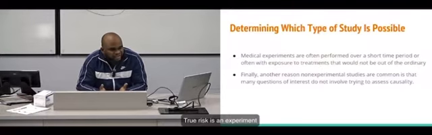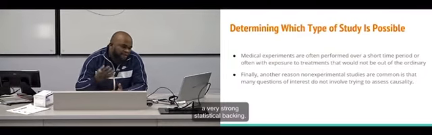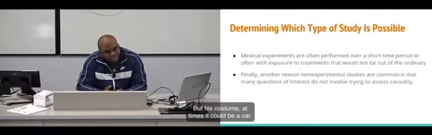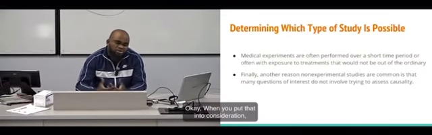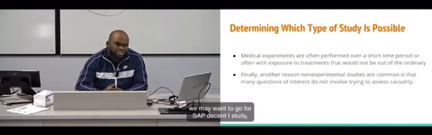The reason why we go for the experimental study is because it has very strong statistical backing. But it's costly, and at times it could be unethical. When you put that into consideration, we may want to go for an observational study.